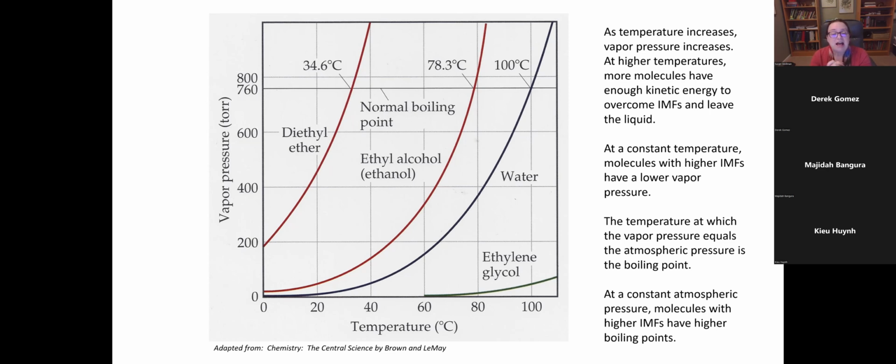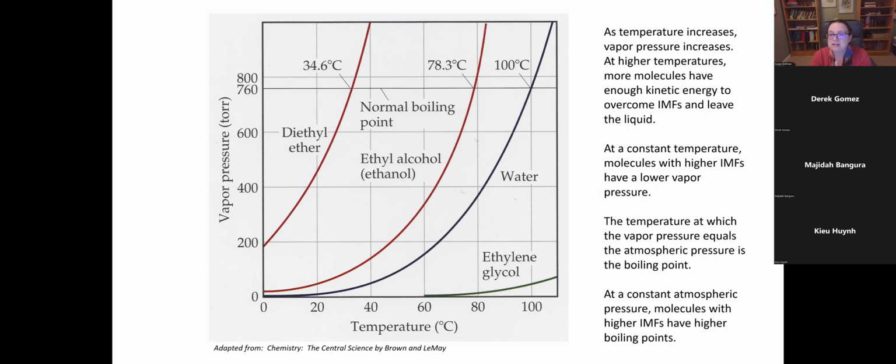All right. At any temperature, though, if we just pick a temperature like 40 degrees and look at the vapor pressures of all the different materials for a given temperature. For example, at 40 degrees, our ethylene glycol doesn't really have a vapor pressure. It doesn't really register. Most everything stays in the liquid phase.